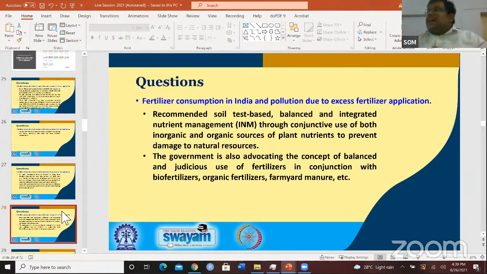So yes, it is correct that apart from using inorganic fertilizer, in the integrated nutrient management concept, if we go with organic fertilizers and also use biofertilizers, biologically reactive organisms, to increase the availability of nutrients, specifically nitrogenous and phosphatic biofertilizers, that will increase the native fertility status of the soil.